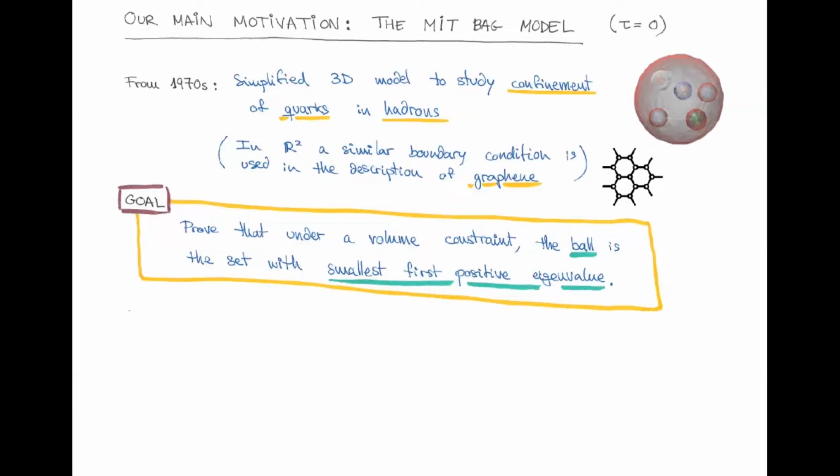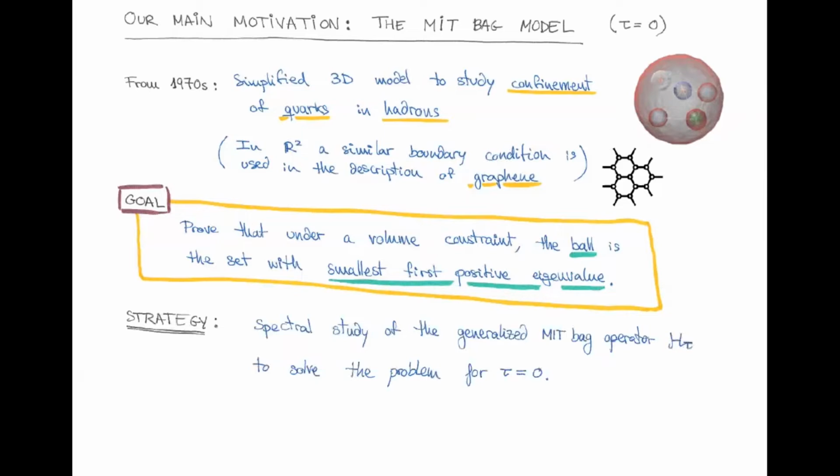And our approach or our proposal for this is, okay, let's try to study this more general problem. So we put this MIT operator into a family of operators and try to study the whole family. You will see in a couple of slides why this can be useful, or we expect this to be useful, because a priori we are dealing with maybe a more complicated problem.